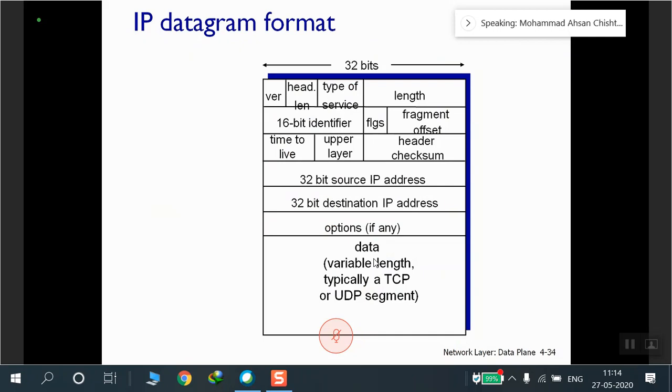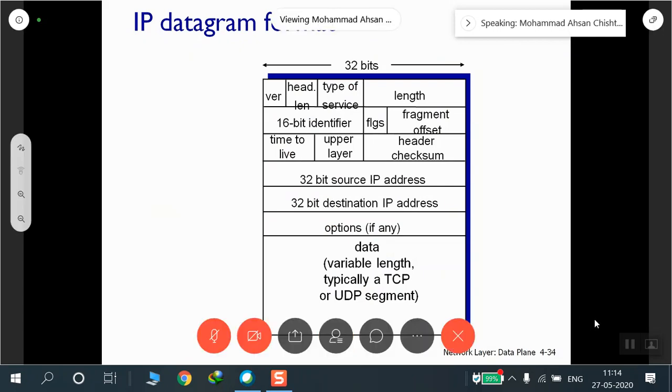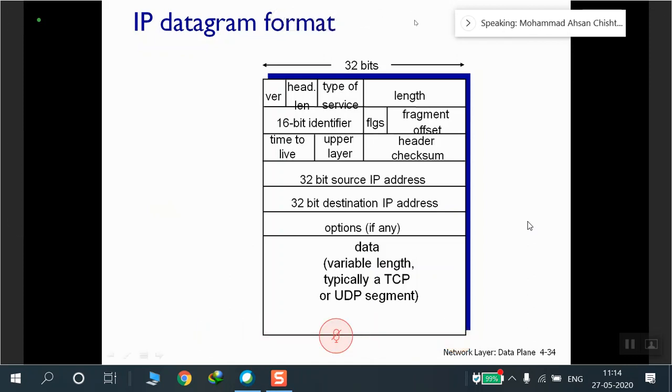And in a previous class, we discussed that we come across a number of different addressing types. In the data link layer we have the MAC address, in the network layer the IP address, and in higher layers like the application layer, we have host names. Also, we discussed the question: why do we need an IP address if we have a MAC address? Or why do we need a MAC address when we have an IP address? We took this in our previous class as well.